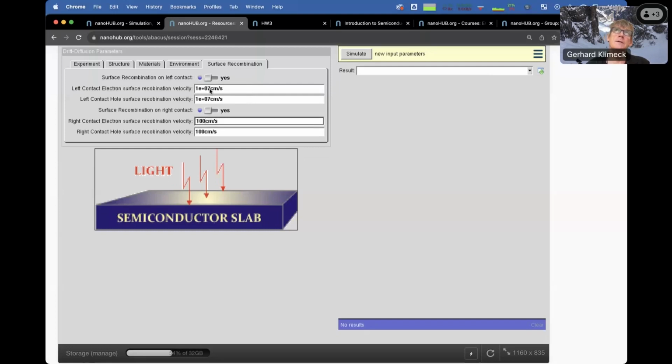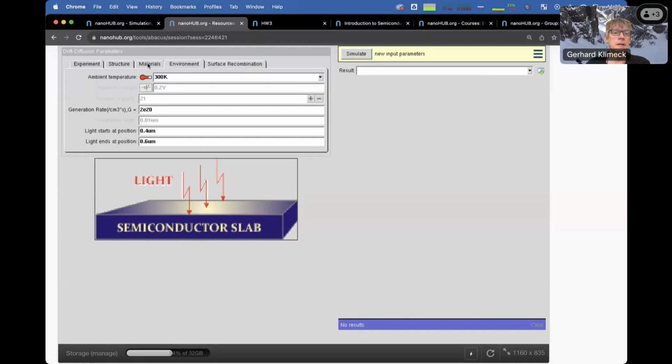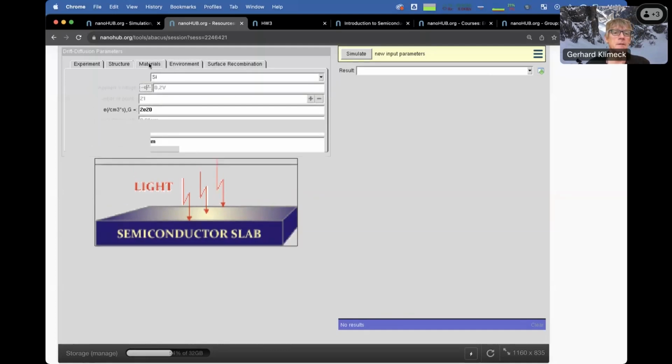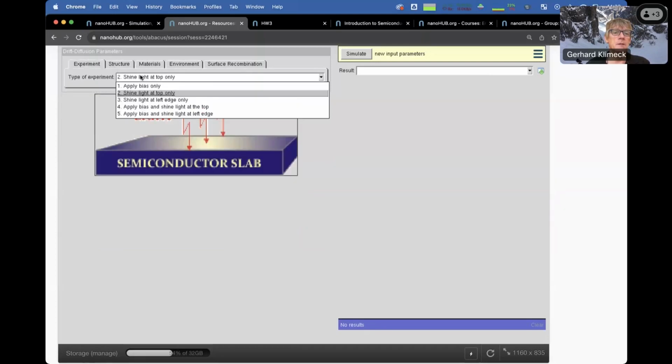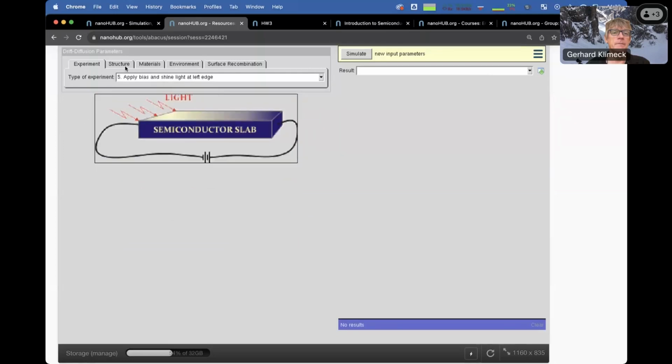where do we go best? Yeah, let's just do 1E7. Like that. Sure that I have everything right. And I want to actually also shine light and apply a bias.